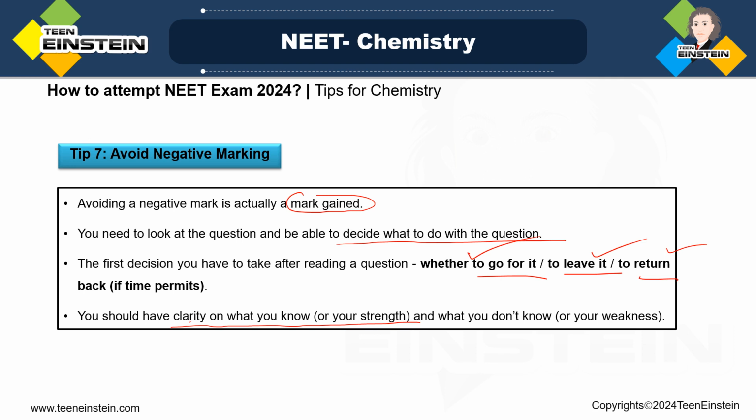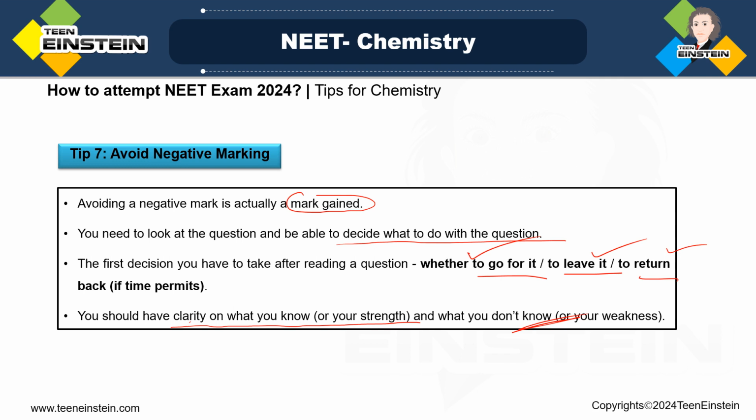But you should have clarity about which chapters you are more confident with, and which you are not very confident with, or your preparation is not very good. If you have that clarity, only then you can decide whether to go for it, leave it, or return back, right? So this clarity is very very important.